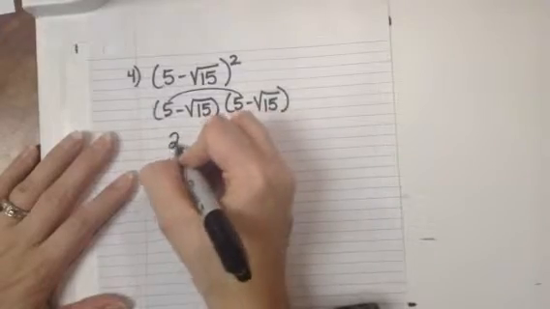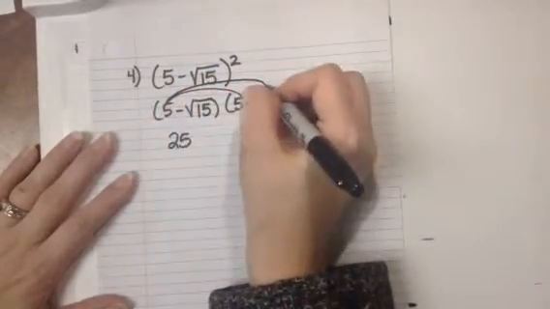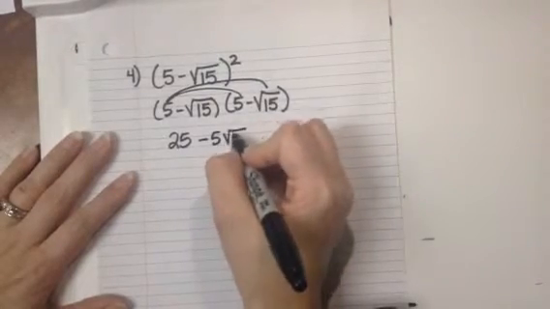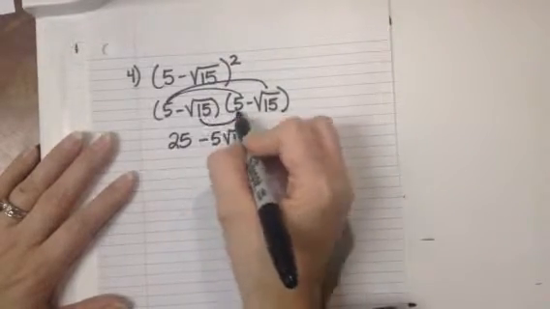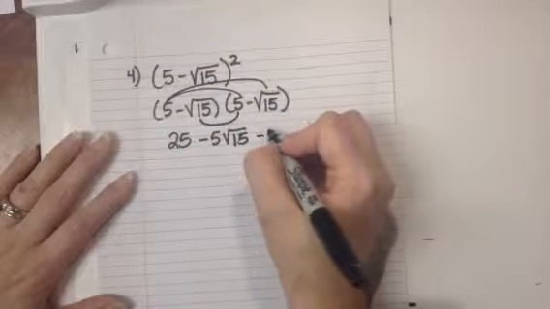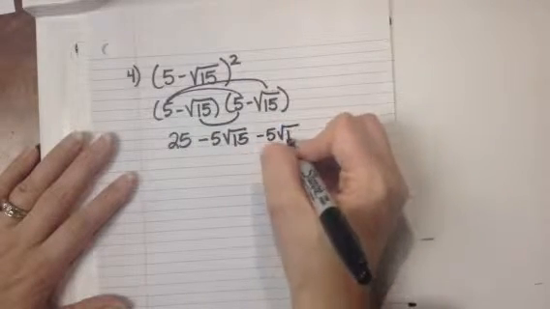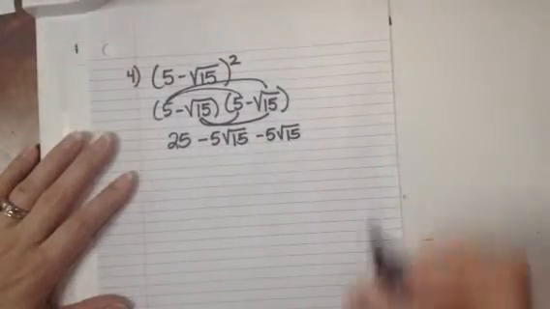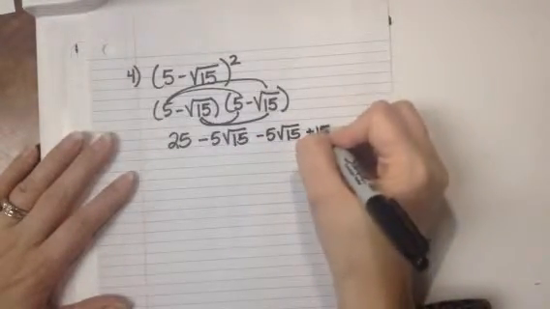5 times 5 is 25. 5 times the negative square root of 15 is negative 5 square root of 15. Negative square root of 15 times 5 is negative 5 square root of 15. And negative square root of 15 times negative square root of 15 is a positive 15.